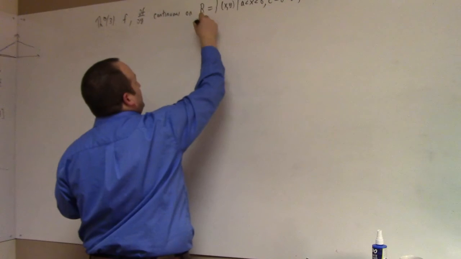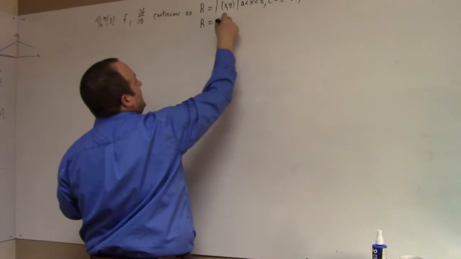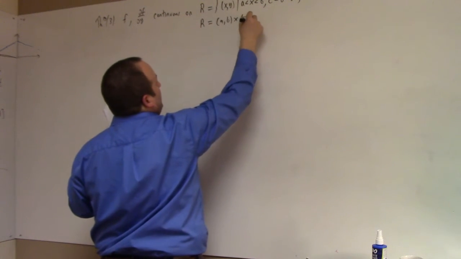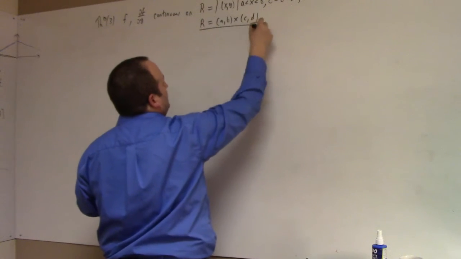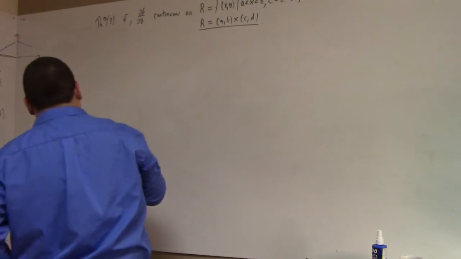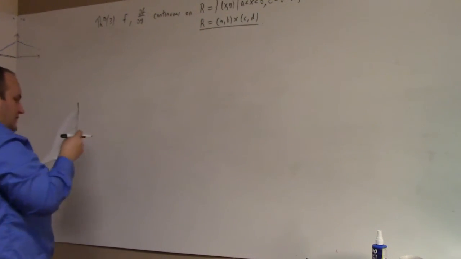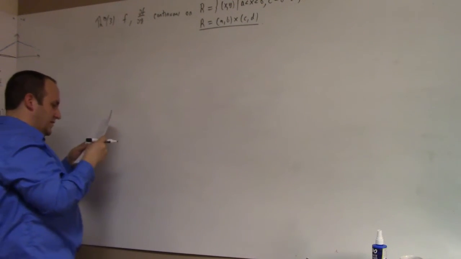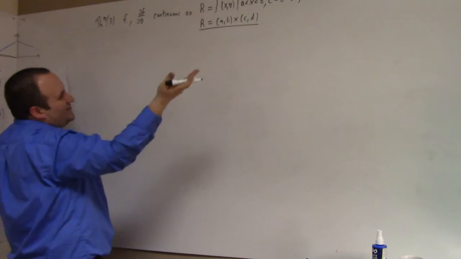R is equal to the interval (a, b) Cartesian product with the interval (c, d). Is that so hard to write? Can't engineers understand that? Put that in your book, man.